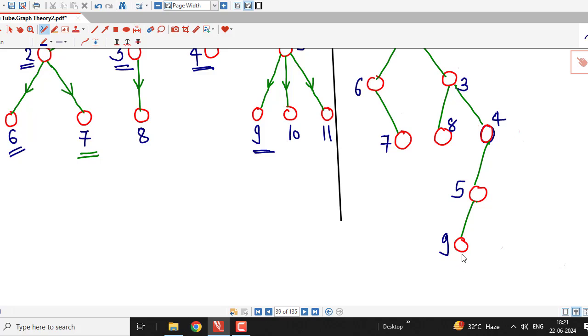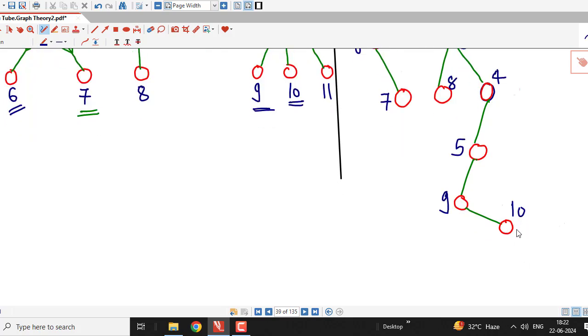And right child of 9 is nothing but right sibling of 9 in general tree, and that is 10. 10 is the right sibling of 9 in general tree. So here I can write 10 as a right child of 9, and now 10 also has no leftmost child, or 10 has no child in general tree, therefore 10 also has no left child in binary tree.